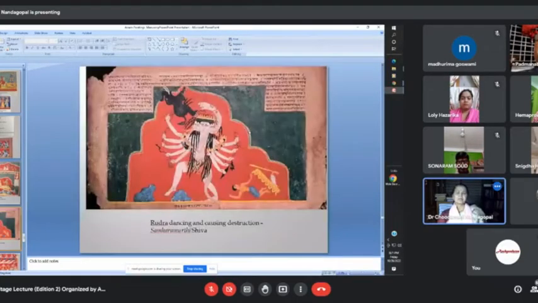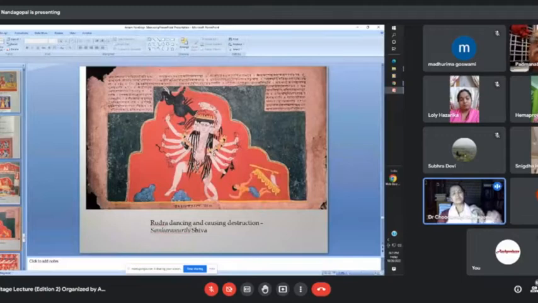manuscripts. So this is the Raudra Tandava of Shiva, causing destruction. You can see the elephant, people, humans, they are all there, and again the way these lines make the prominence of the painting. So Shiva in his Samhara Tandava, he is known as Samhara Tandava Murti.